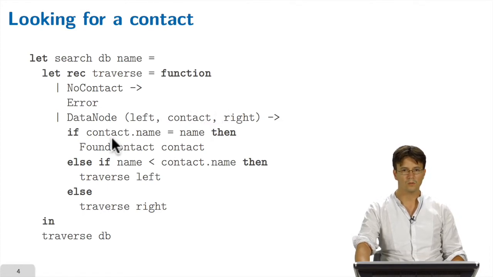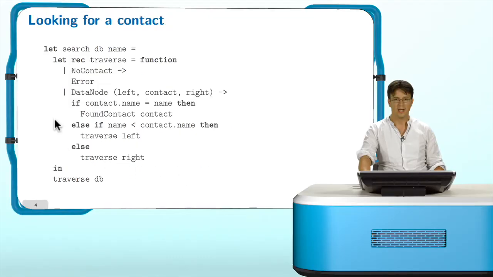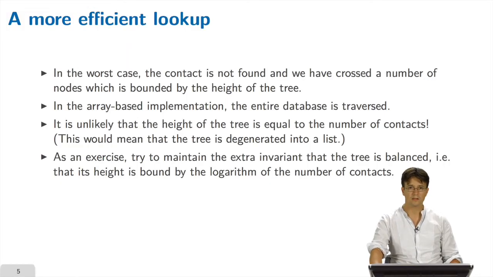If the contact on the node has the same name as the name you're looking for, then you have found the contact and you just have to return it. If the name you're looking for is smaller than the name of the contact of the node, then you have to go on the left. Otherwise, if the name is greater than the name of the contact on the node, you just have to go on the right.